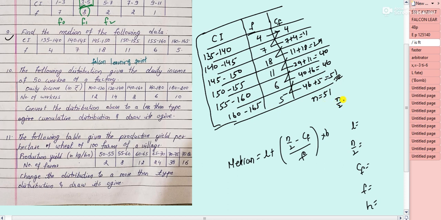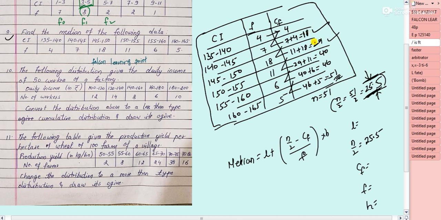What about n by 2? 51 by 2 is 25.5. Now in the CF values you have to look for where 25.5 lies. It lies between 11 and 29, correct? The nearest values, the lesser and the bigger one.